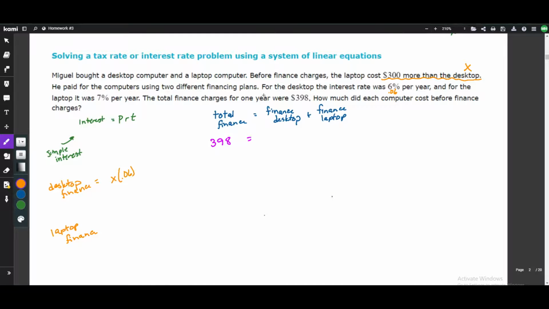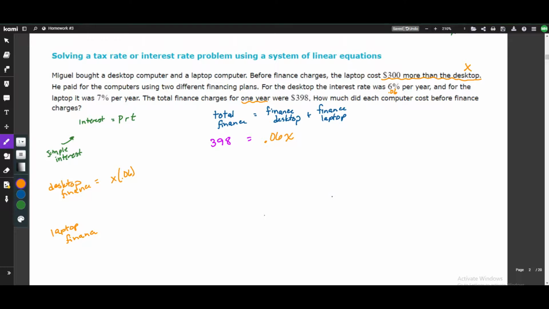My time is 1 year. So I don't really have to worry about it because time of 1, if I multiply anything by 1, I get what I have. I like numbers before the variables. So I'm going to say that this is 0.06x. And then I'm going to do the same with the laptop.